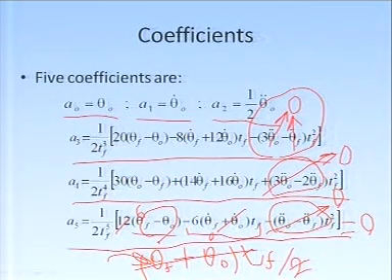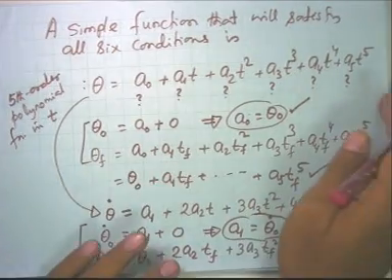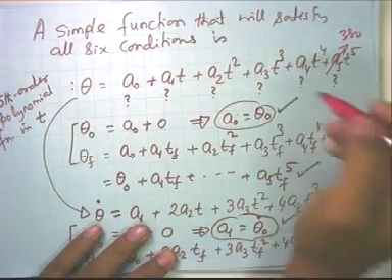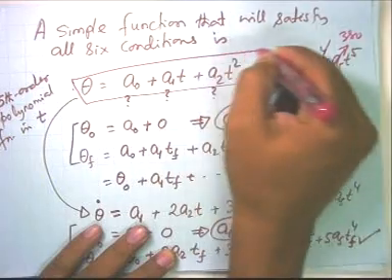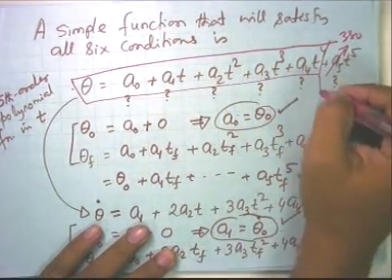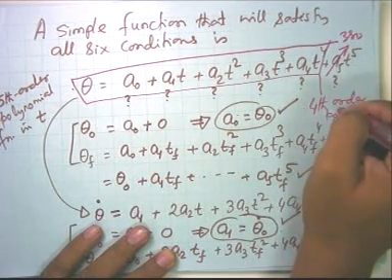So, if a5 equal to 0, then look at this page here. If a5 equal to 0, this is 0. So, effectively then I am talking about a polynomial of 4th order. So, this is a 4th order polynomial.